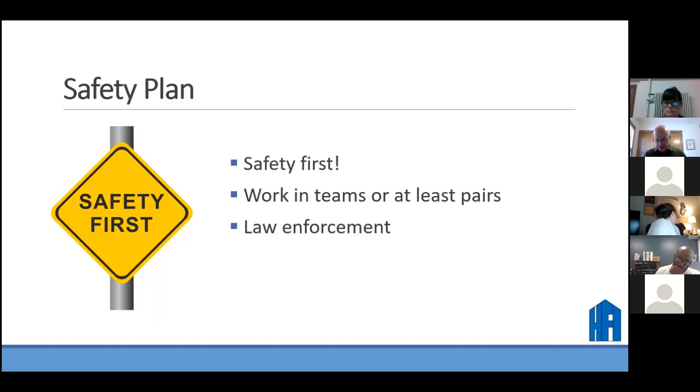But you explain to volunteers that the first rule is safety first, and anyone going to visit known or suspected sites where someone might be staying, especially on the night of the count, you wouldn't be doing that alone. You'd be doing that in at least pairs and preferably in teams. Pairing and tripling is fairly common on the night of, but you should also employ that when people are going to known sites ahead of time, at least certainly at night.